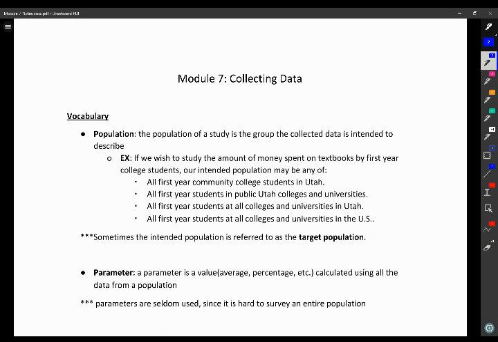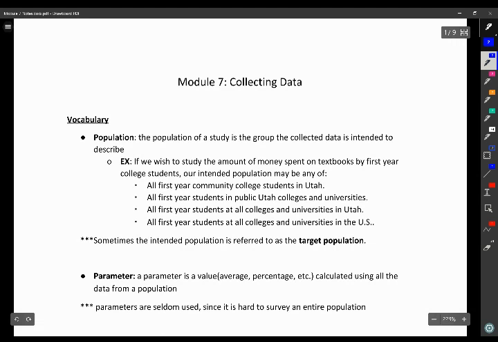So first thing, a population is the group that they're collecting data on. So it's who they're basically trying to describe in that study. So if we were looking at this question, it says, if we wish to study the amount of money spent on textbooks by first-year college students, our intended population may be any of the following.